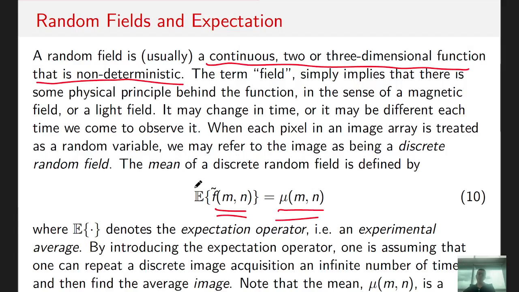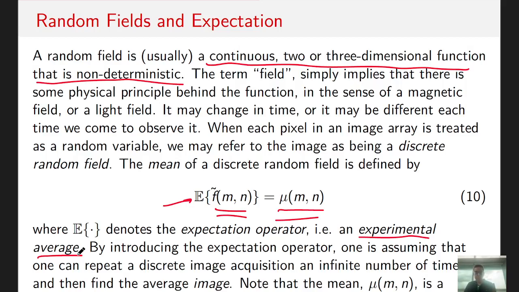And we do that, strictly speaking, by applying what's known as the expectation operator. So how do we think about the expectation operator? You can sometimes think of it as an experimental average. However, it has a deeper meaning than that. Thinking about expectation as being an average is a shortcut.